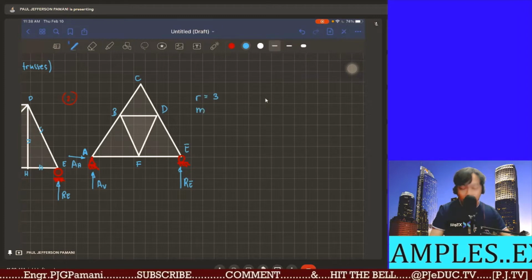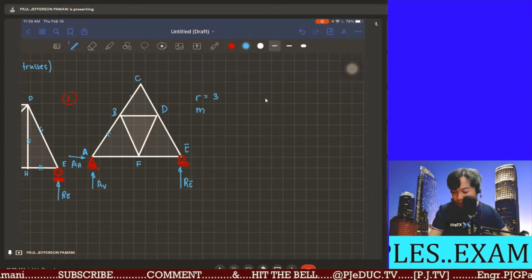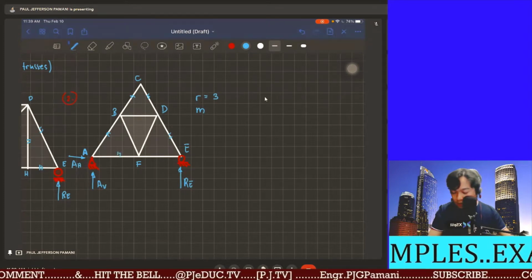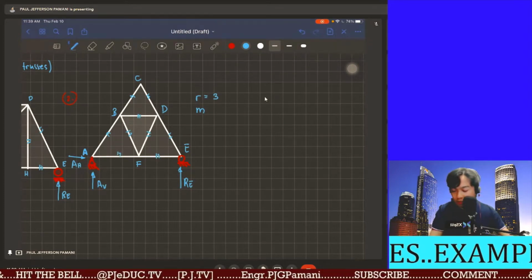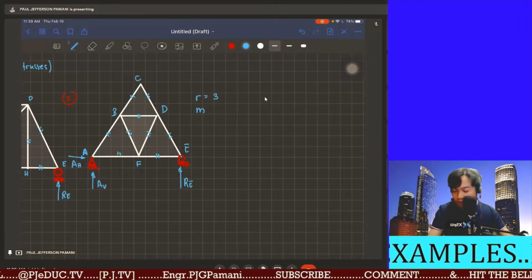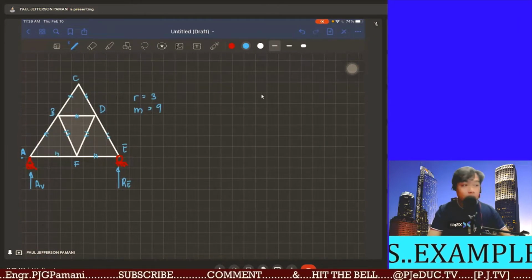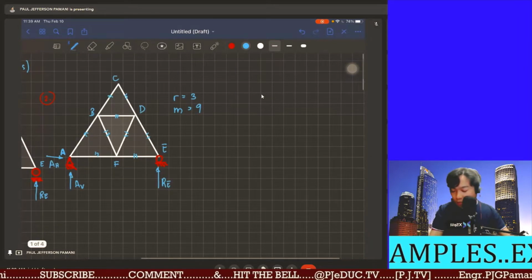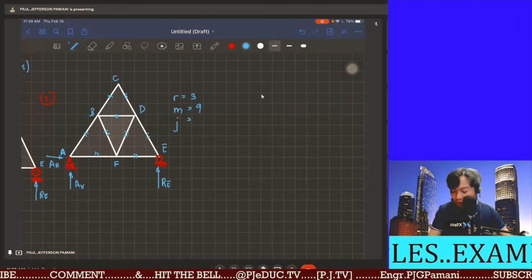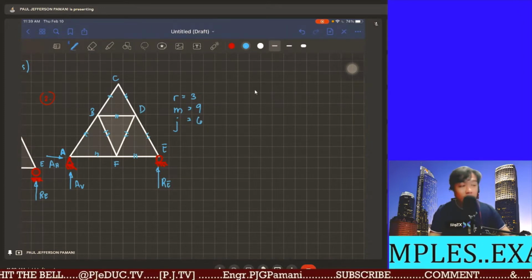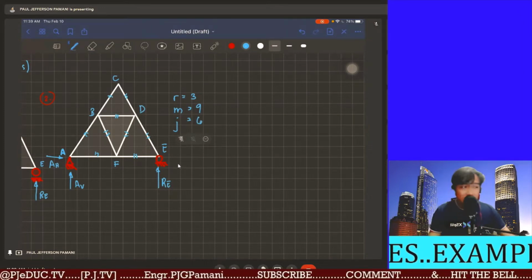The number of members: 1, 2, 3, 4, 5, 6, 7, 8, and 9. So we have 9 members. How about the number of joints? 1, 2, 3, 4, 5, 6. We have 6 joints.